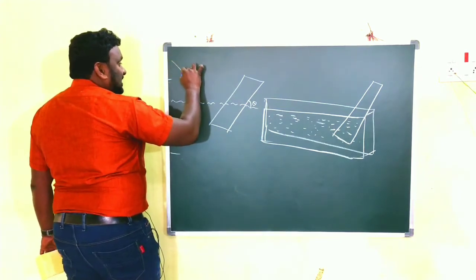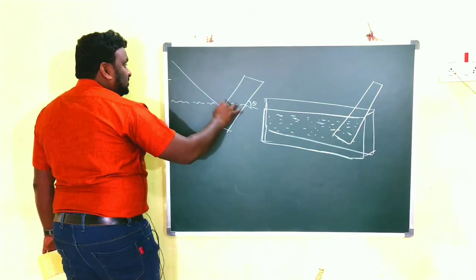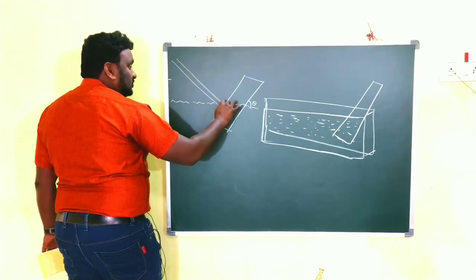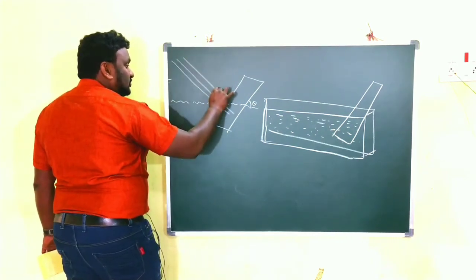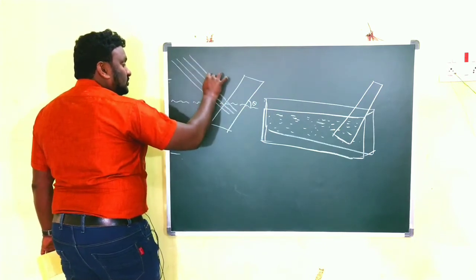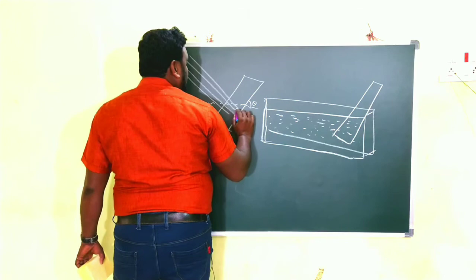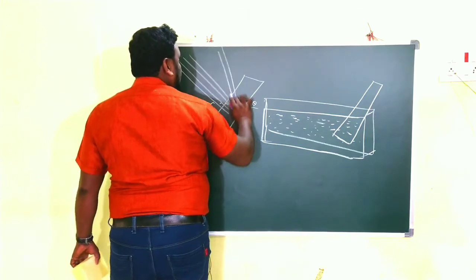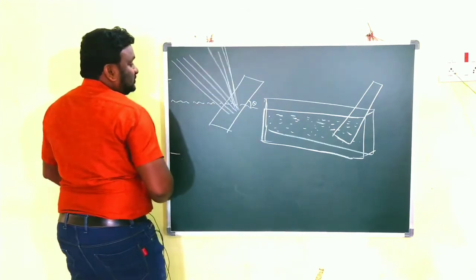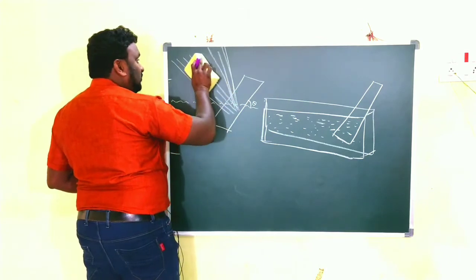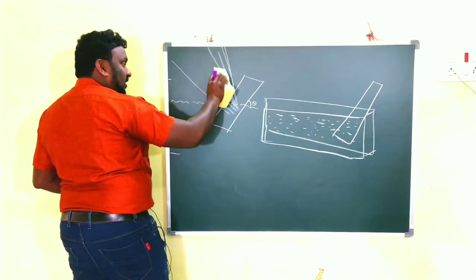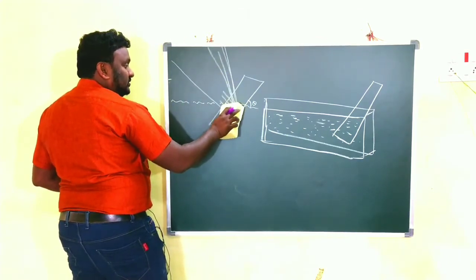Once the white light is falling on the water surface, here again there should be S. So simply, if you want to observe only one thing clearly, I am drawing here only one ray.